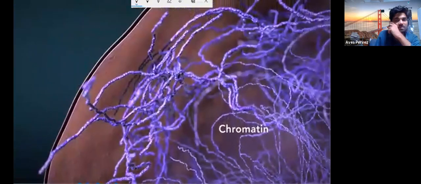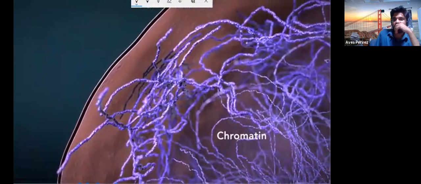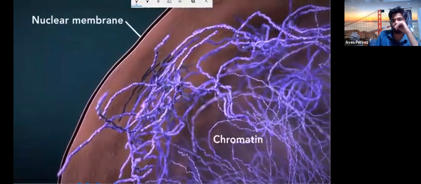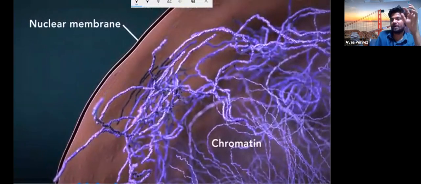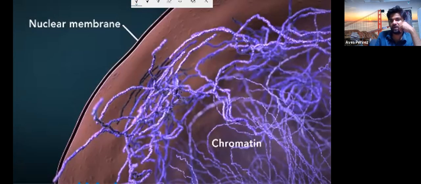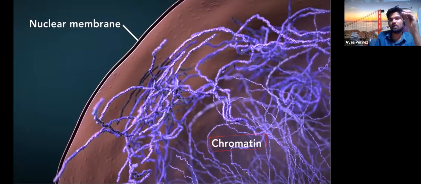Chromatin is the tangled, spread-out form of DNA found inside the nuclear membrane. What is chromatin actually? When a series of DNA coils together, they form chromatin molecules, and these molecules form thread-like structures.